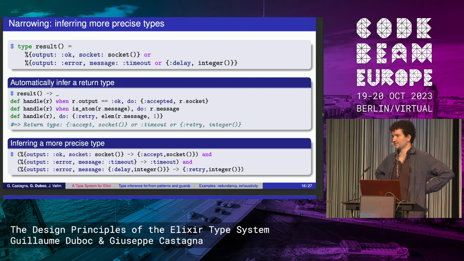The other thing that I think is worth saying: some people ask, can you just get my type specs and convert them to the new types? And the answer is, we could, but we won't, because usually we don't write type specs in a precise way. Guillaume gave an example where we wrote integer or Boolean goes to integer or Boolean, and the more precise version is integer to integer and Boolean to Boolean.